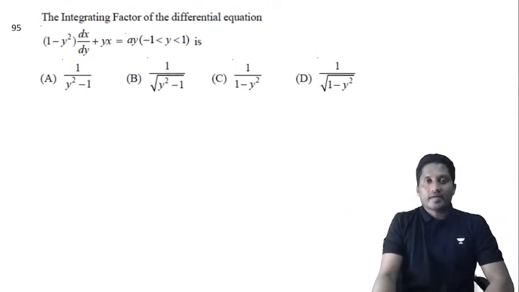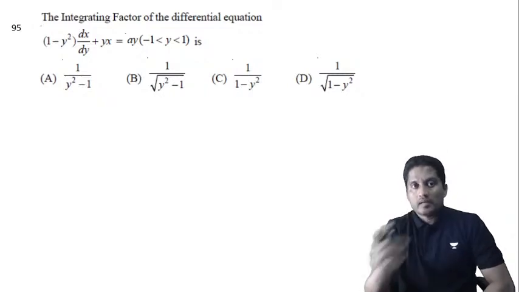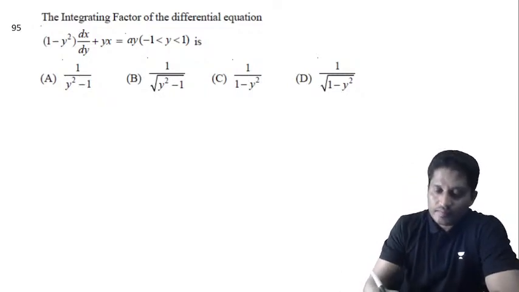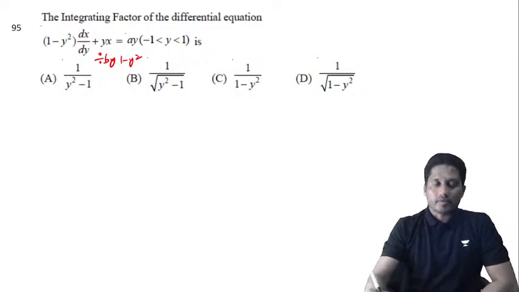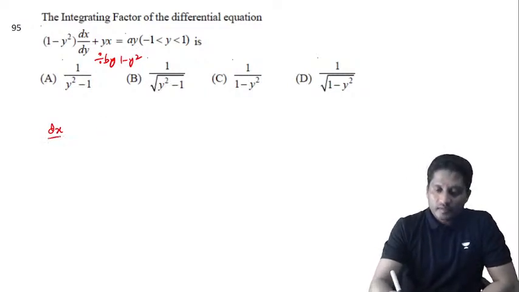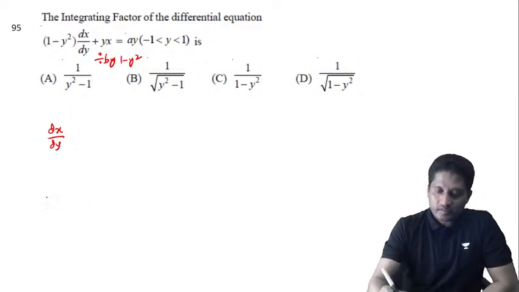Question number 95. Again, I should find the IF only, the integrating factor. If you divide throughout by 1 minus y square, so dx by dy plus y divided by 1 minus y square into x is equal to a divided by 1 minus y square.